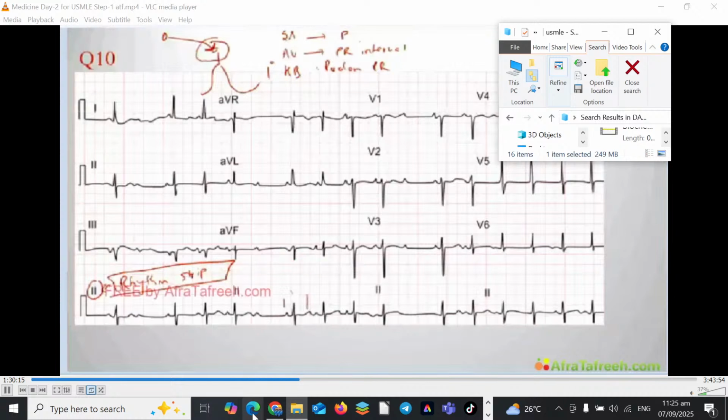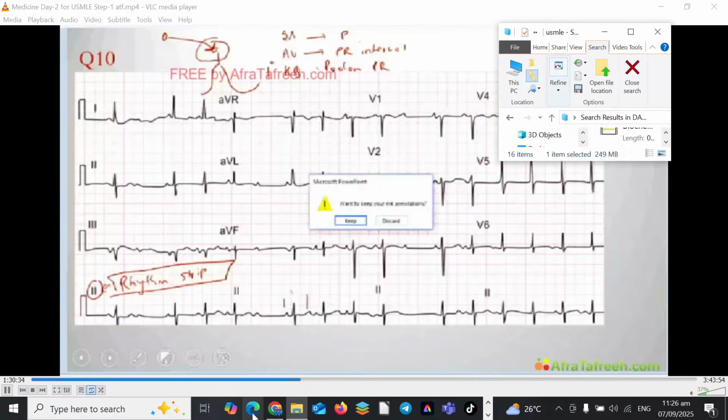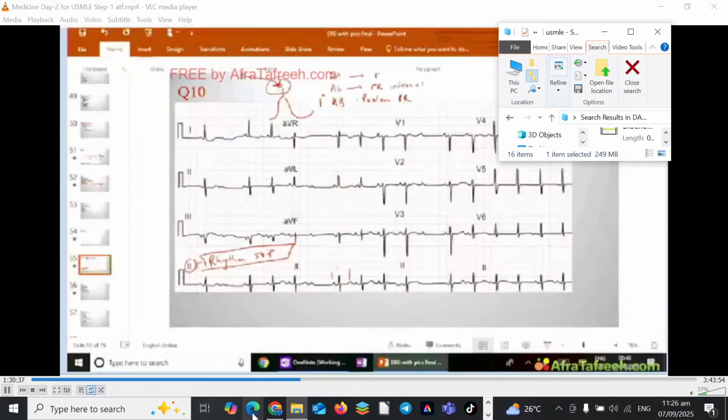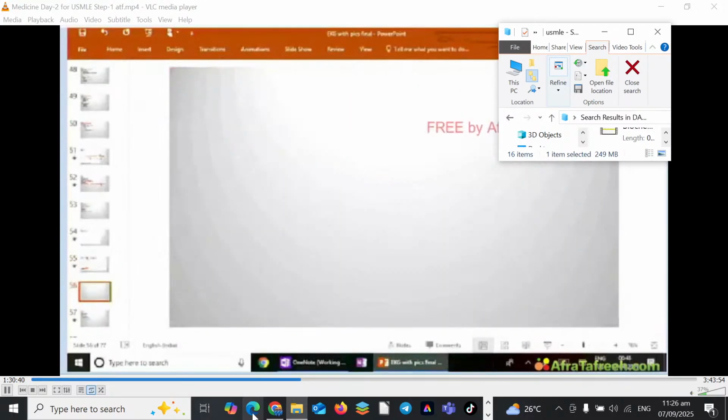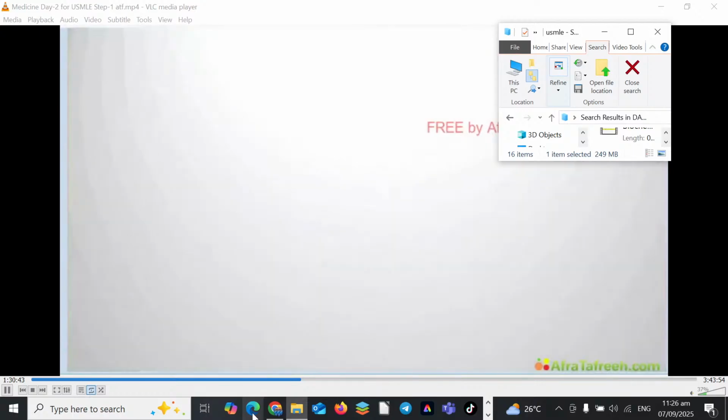So what would be a second degree heart block? See, there is a difference. In first degree heart block, there is slowing of the AV node.